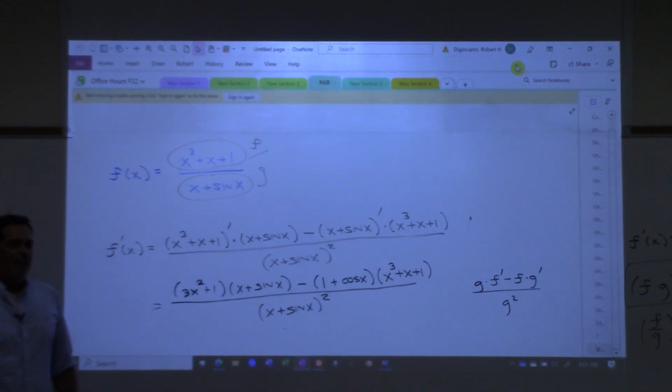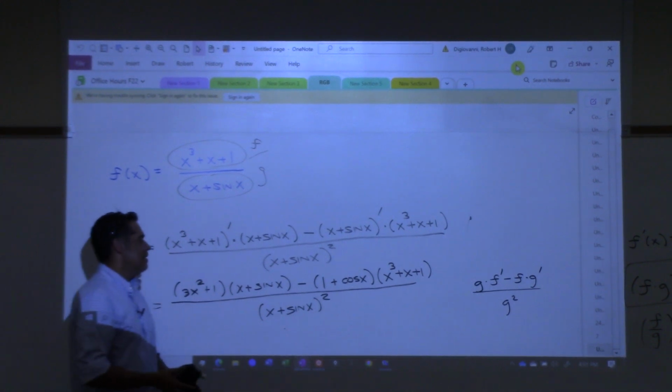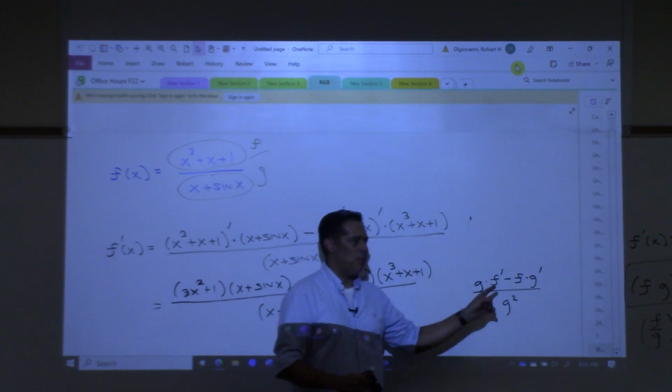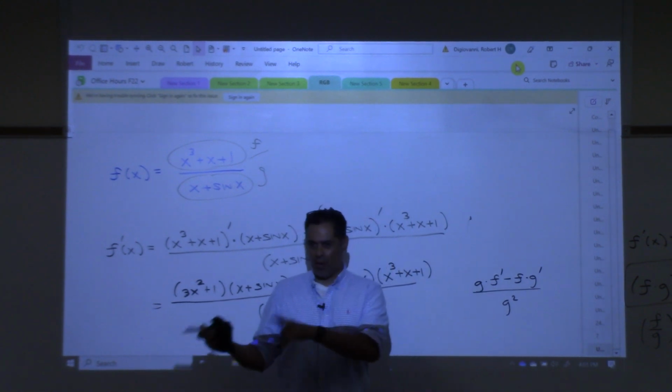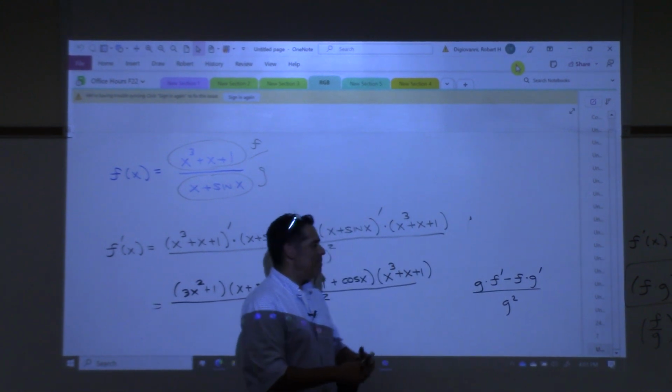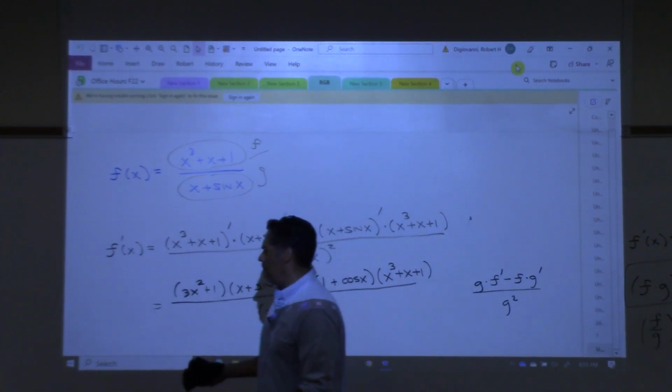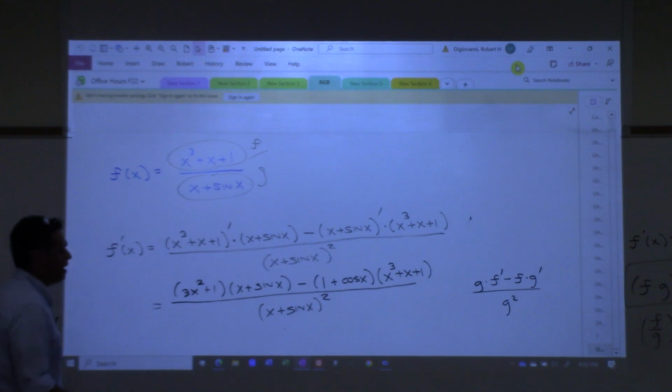So I like cute things, but to me, the cuteness of low D high minus high D low is offset by the fact that this formula looks completely different than the product rule formula. I like the similarity of these two formulas. Again, if you've learned this stuff before, you've seen these formulas, I'm not here to try and sell you on my way, but if you've never seen them, then this is the way I'm presenting it.